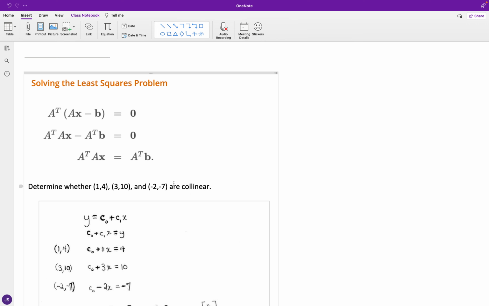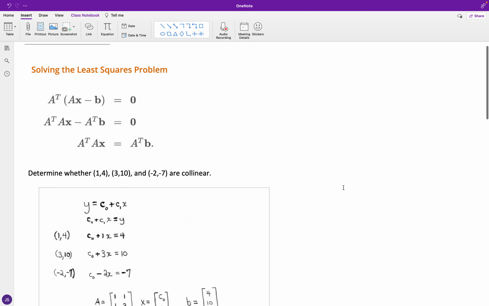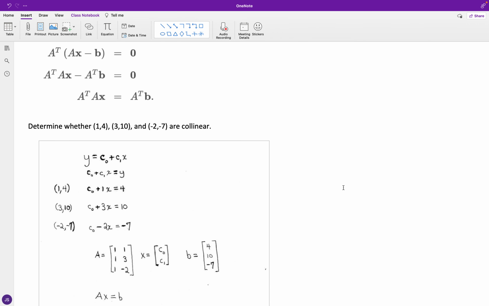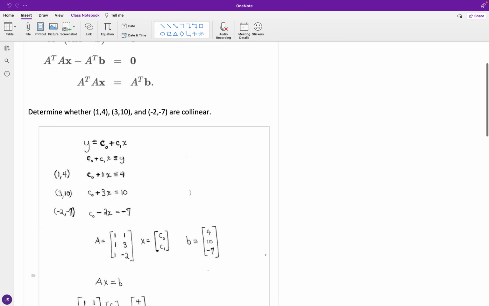Now, when we looked at a situation where the points did not quite come out as a collinear set, like when we have (1, 4), (3, 10), and (-2, -7), if they were collinear, they would comply with the slope-intercept equation of a line where we have c0 plus c1 times x.